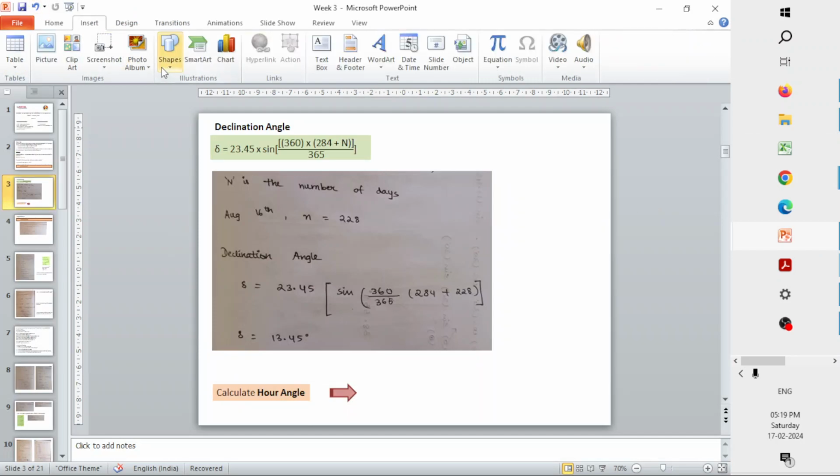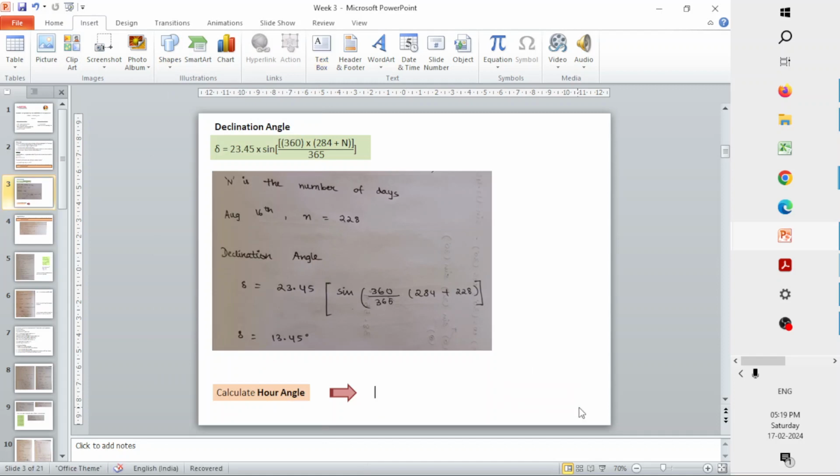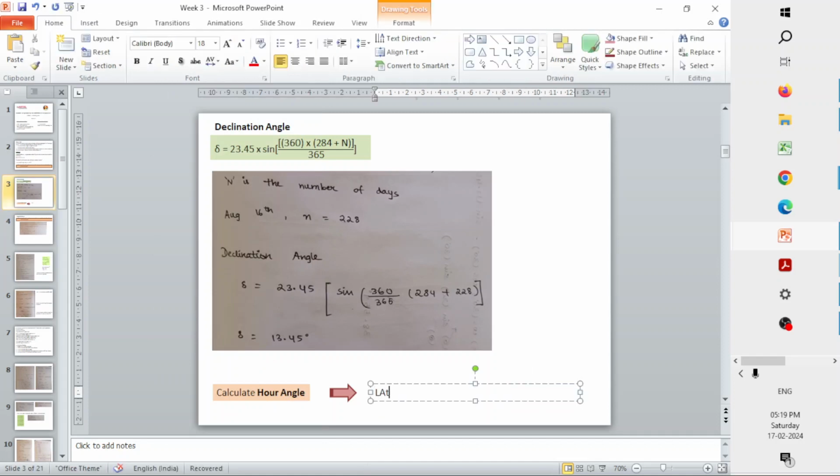The formula for hour angle is the local apparent time, LAT, minus 12, times 15. The reason it is 15 is that the earth rotates 360 degrees on its own axis in 24 hours, and 360 divided by 24 is 15.